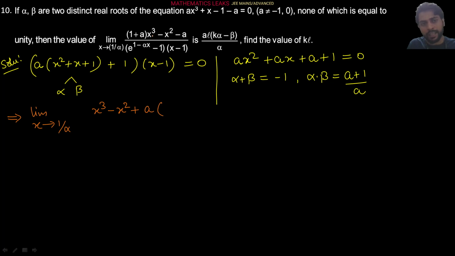So here, x cube minus 1 can be written as x minus 1 into x square plus x plus 1, right everybody?